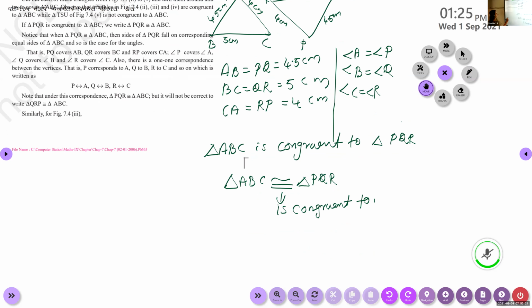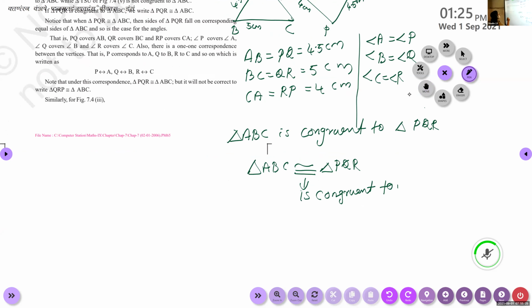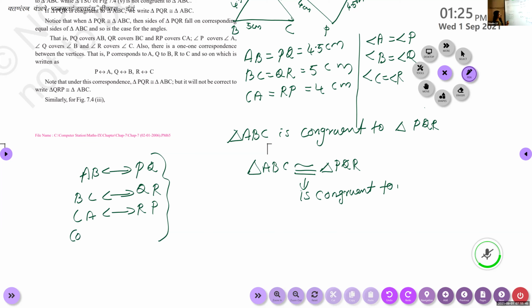Then write AB corresponds to PQ and BC corresponds to QR. These are the corresponding sides. CA corresponds to RP.